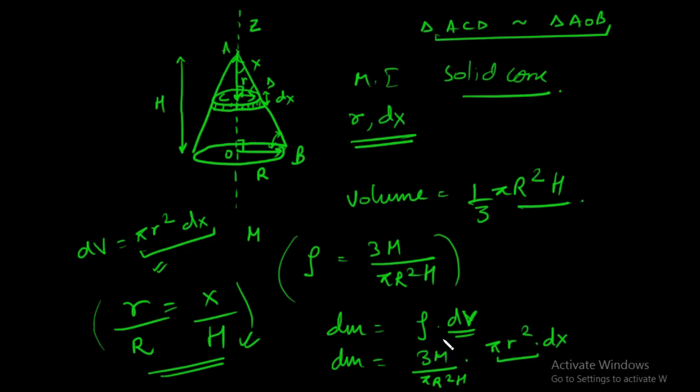So now, what is r? From here, r would be equal to Rx by h. So dm would be equal to 3m divided by pi R square h times pi r square dx, right?